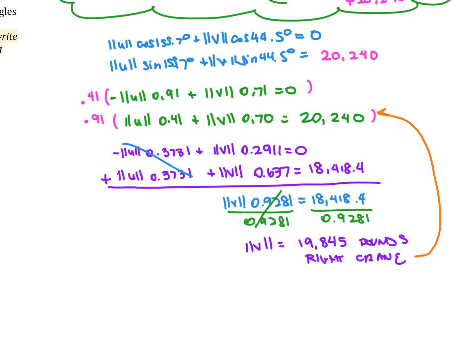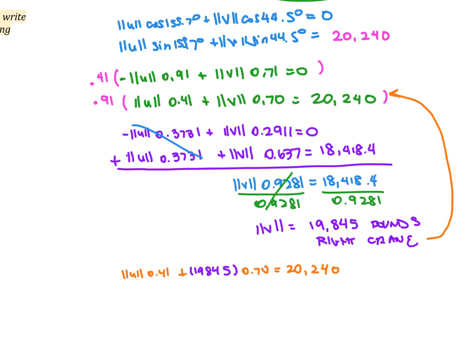So this is the magnitude of u times 0.41, plus the magnitude of v, which we know is 19,845 pounds, times 0.70 equals 20,240. If you plug that all in your calculator, you would get the magnitude of u would be about 15,484 pounds, and that is our left crane.